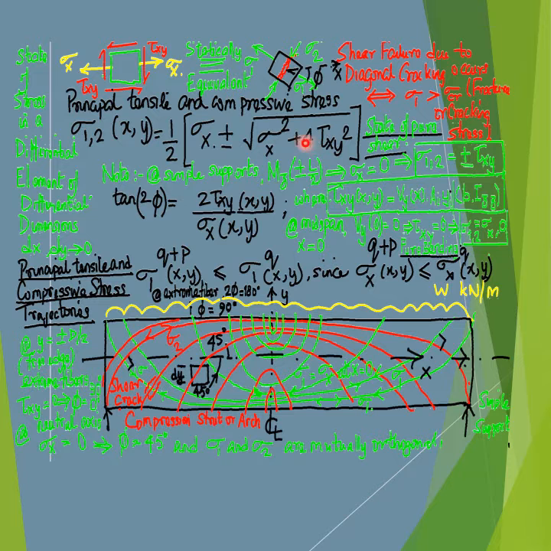Since at the simple supports or the coordinates x equal to plus minus L by 2, that is at the simply supported ends of the beams, the normal direct or normal bending stress sigma x is 0 simply because the externally applied bending moment due to the external uniformly distributed load Q is equal to 0 at the simply supported ends.